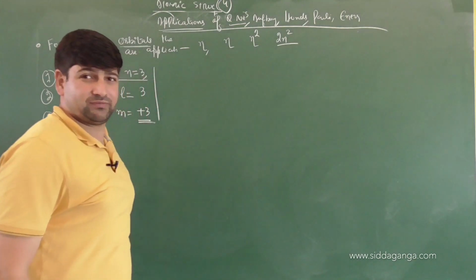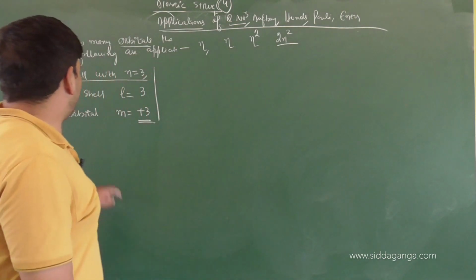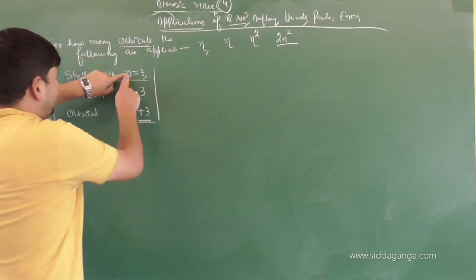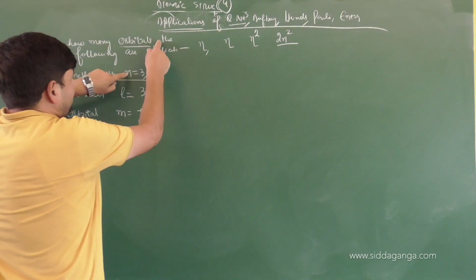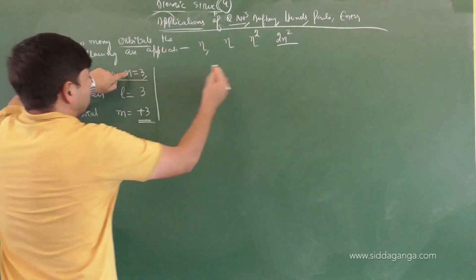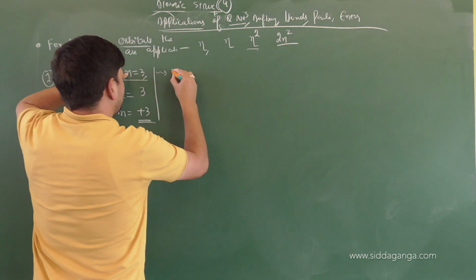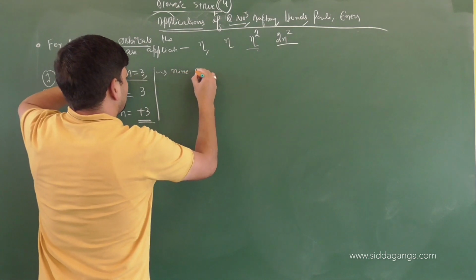Am I clear here or not? Very good. Now our question is how many orbitals in a shell with n equals 3. So when n value equals 3, it is applicable to n square, that means 9 orbitals. So the correct answer will be 9 orbitals.